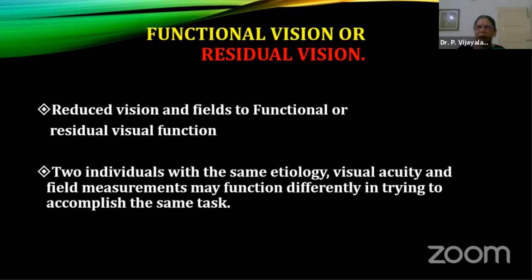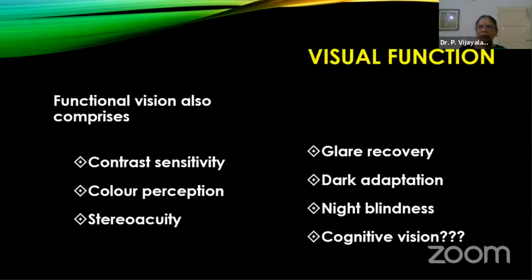That depends upon how they comprehend the situation, and this comprehension depends upon how the other visual functions are. So leave alone the distant visual acuity. Now we realize vision as a combination of senses, including all these visual functions.